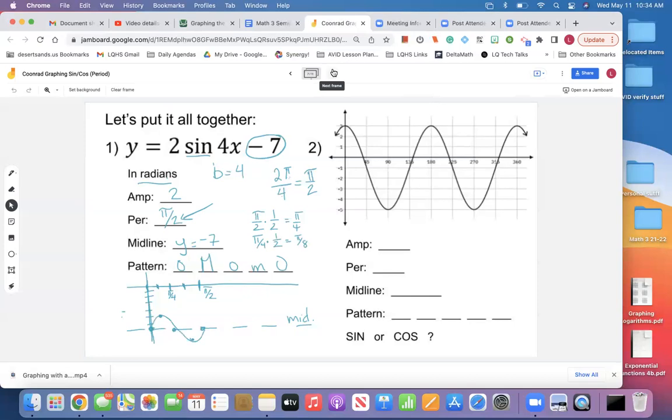All right, here we go. Amplitude. I'm looking here and I go, well, remember how we talked about the range kind of thing in that Desmos for the 13 of you who did it. So it looks like the maximum right here is at 3 and the minimum is at -5. So 3 plus -5.